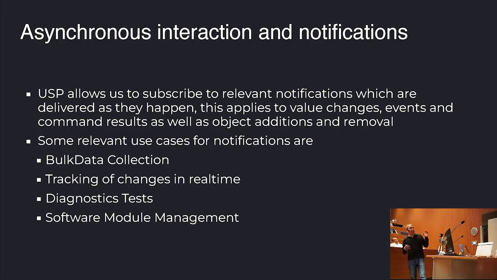As I mentioned before, we have this notification system where you can basically subscribe to information at any point in time. And one of the nice aspects of this is also that everything is in-band, right? So if you use the notification mechanism, you have your persistently established USP connection. So whatever kind of information you receive, it will directly go to the controller that subscribed to the information.